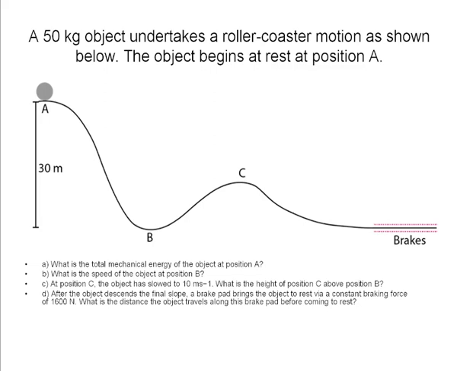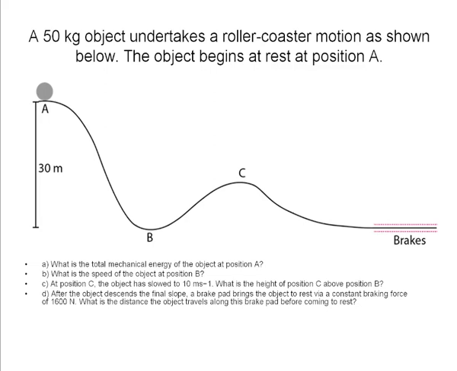Let's look at a difficult example that you might not look at until much later, maybe in physics. This one shows a weighted object that undergoes a roller coaster motion until it comes to rest at some point. To do this, you need to be able to solve maths. You need to take the information from the outside world, put it into formulas that you will learn about if you're doing physics, and then combine them to figure out the new information, for example in this question, how long it takes to stop.